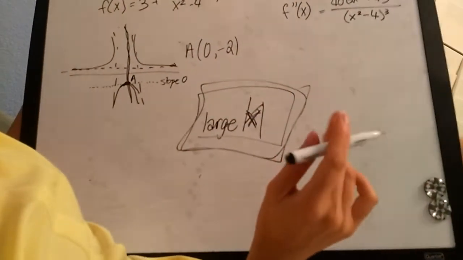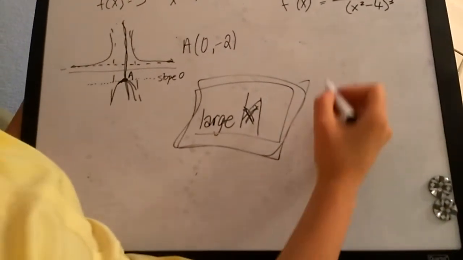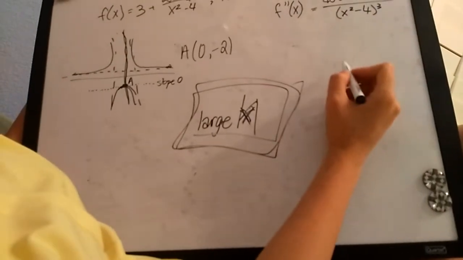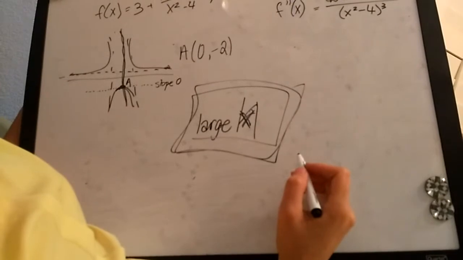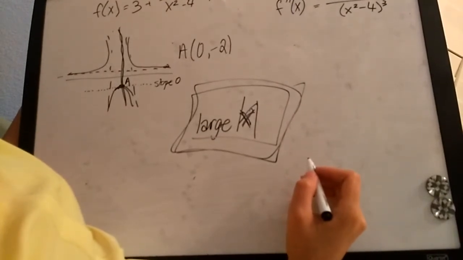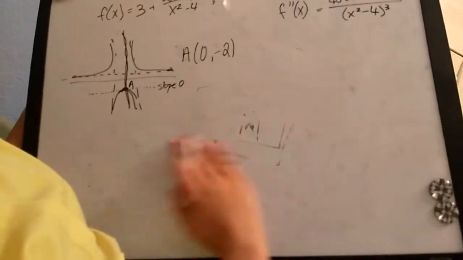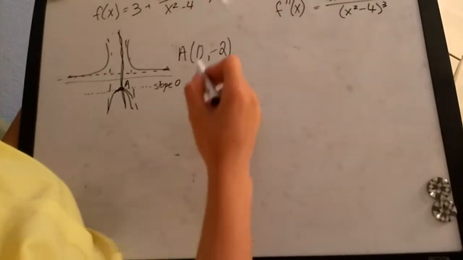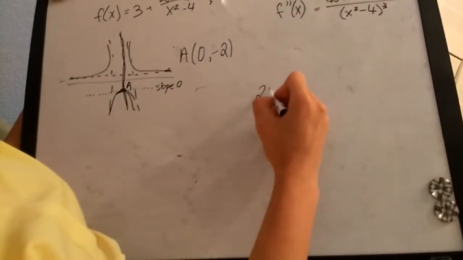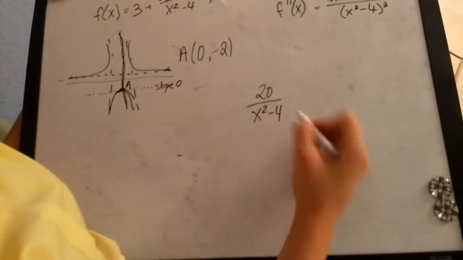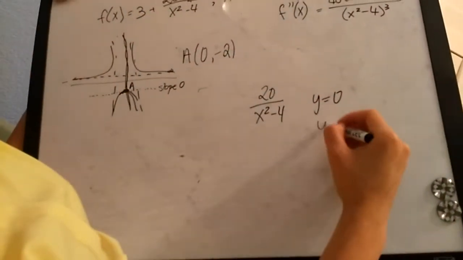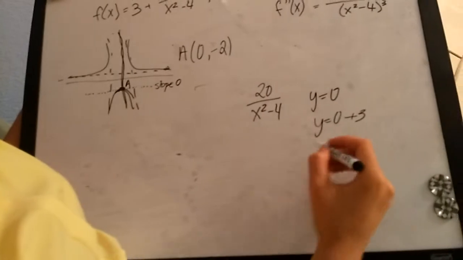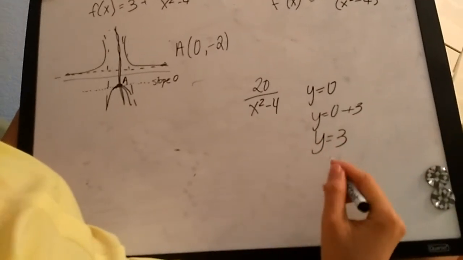Okay, so with math, we prove that the horizontal asymptote of f of x is the asymptote of 20 over x squared minus 4, which is when y equals 0. But you add 3 to that, so it's y equals 0 plus 3. So our asymptote is when y equals 3. So y can never equal 3.